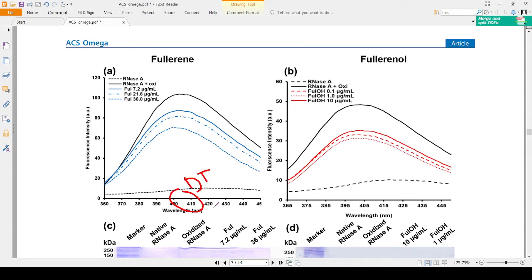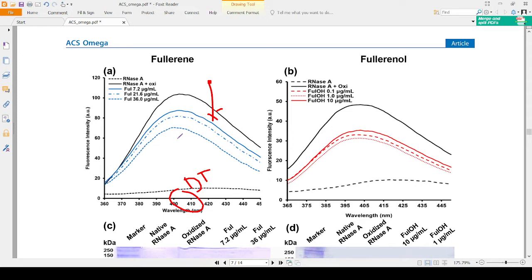Now what the paper shows is that in presence of fullerene, with increase in concentration, the dityrosine emission spectra decreases. For fullerene, from 7.2 micrograms per liter to 36.0 micrograms per liter, this actually decreases.